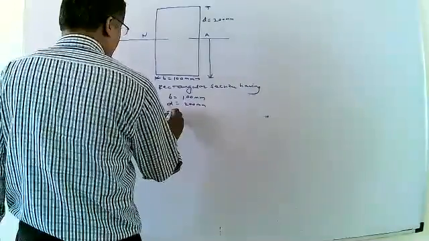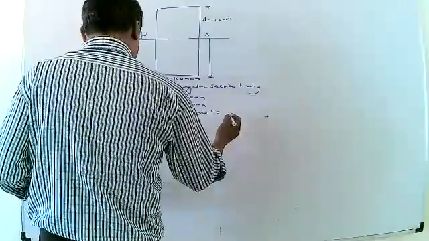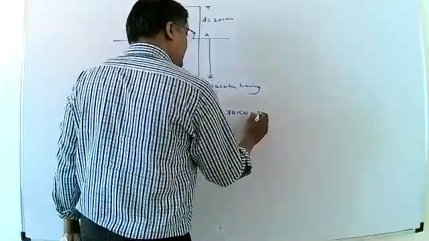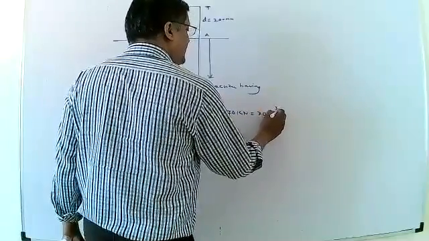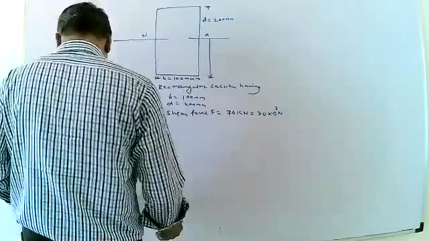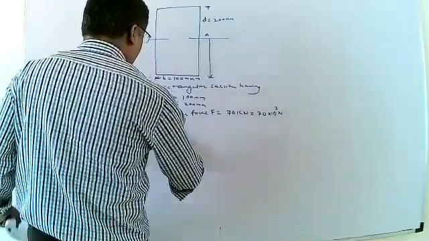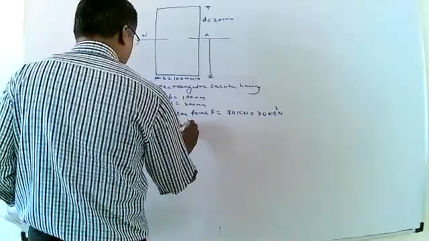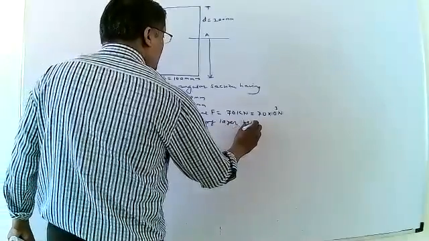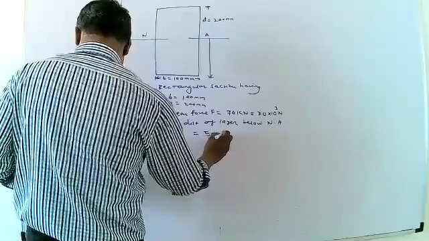Then the shear force F is equal to 70 kilonewton, that means 70 into 10 raised to 3 newton. Next, y is the distance of the layer below the neutral axis. That distance is 50 mm.